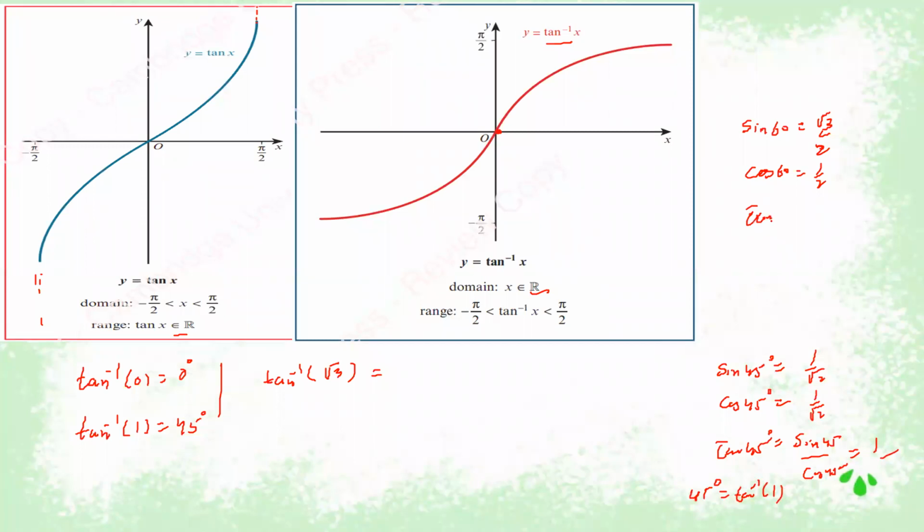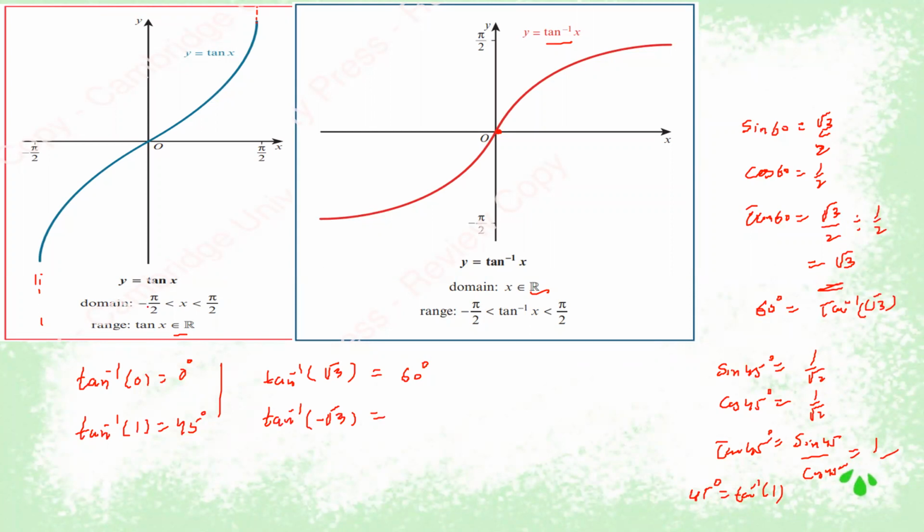So tan 60, which is sine over cos, means square root of 3 over 2 divided by 1 over 2, that gives me square root of 3. So it means 60 degrees represents tan inverse square root of 3. So this is equal to 60 degrees. If you want to write negative, remember that tan is negative in the third quadrant, which is not possible here because we are looking only at minus 90 to plus 90. So we just write negative 60 degrees.